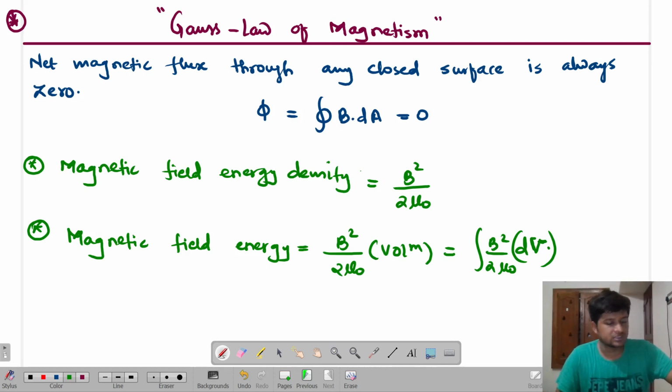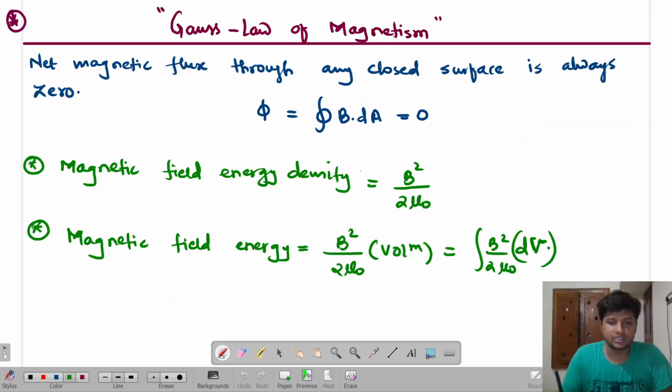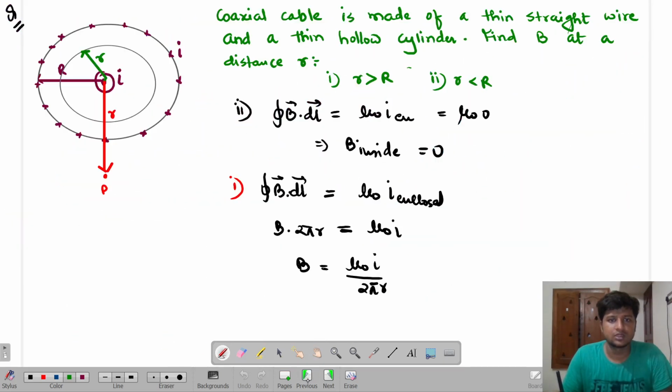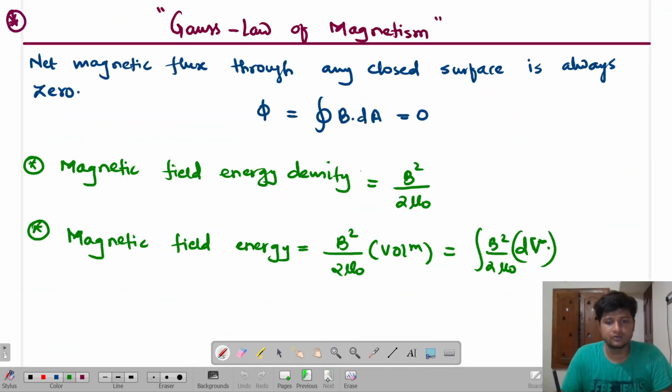But as a charge placed in a magnetic field will also experience some force, tomorrow onwards we'll pick up how the charges feel the force if they are kept in a magnetic field. Today we learned how to generate the magnetic field. Now tomorrow onwards we'll learn how the charge will feel the force in the magnetic field. Is that clear or not? Okay.